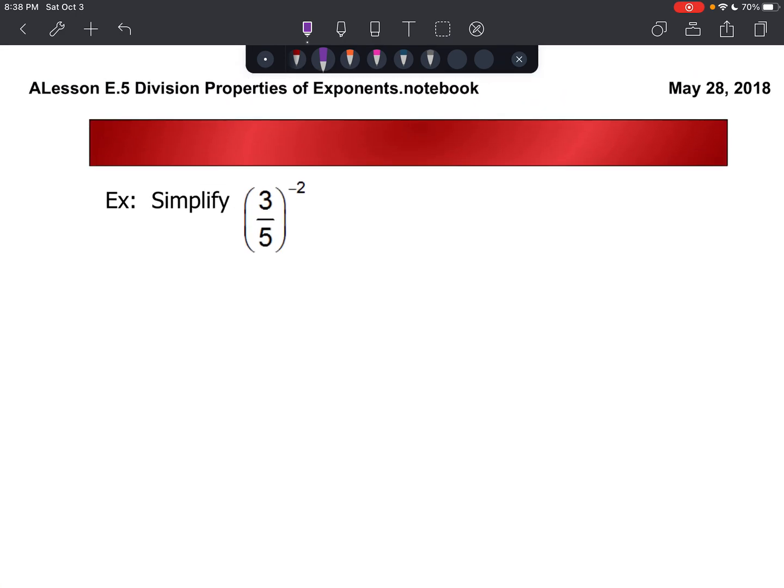Now let's look at a fraction raised to a negative power. If you have x over y, let's make it a over b, raised to the negative n power.